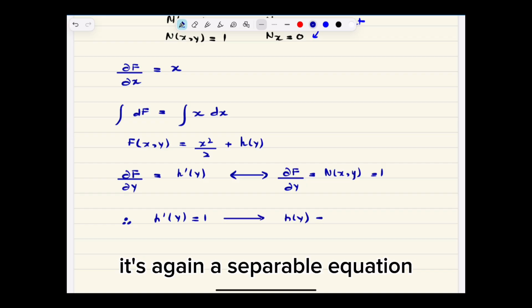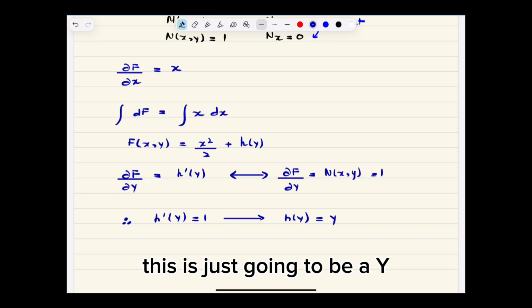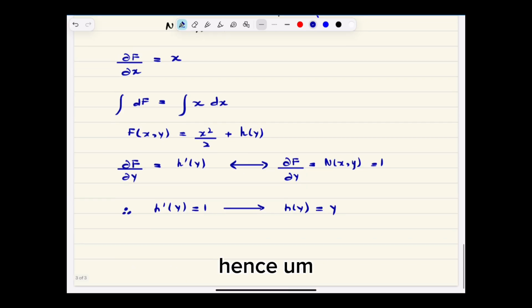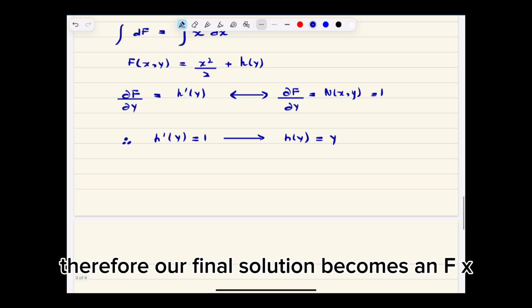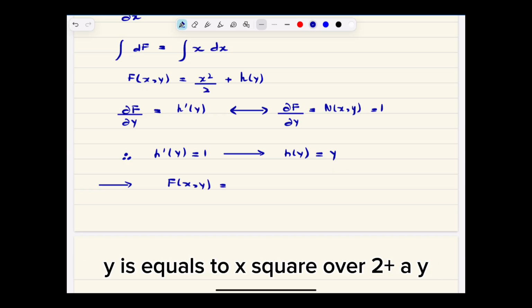It's again a separable equation, and it's easy to see that this is just going to be y. Hence, therefore, our final solution becomes f of x y equals x squared over 2 plus y.